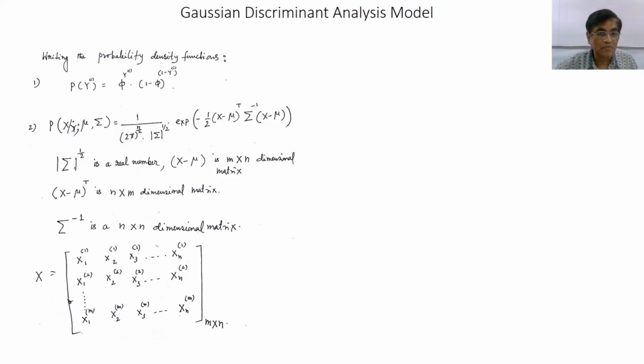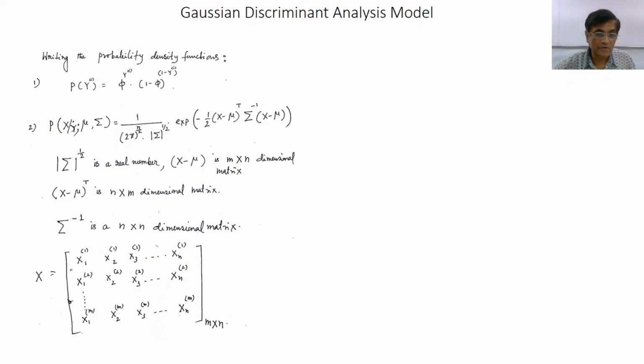Let us see, for an n-dimensional feature vector, what will be the dimension of this. This is a real number, because it is the determinant of the variance matrix. x minus mu is an m cross n dimensional matrix, because the x dimension is n.